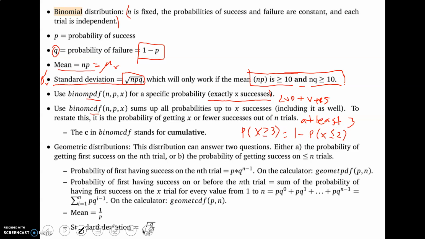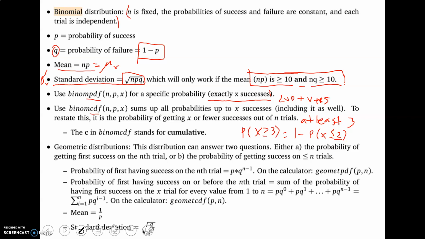Because remember, binomial is discrete. There is no number between 2 and 3, okay? And binomial CDF includes the 2, okay? And you don't want to include 3 because it says at least. If this is greater than 3, yes, include 3 for binomial CDF, but it says at least 3, then you have to go one number less than 3 because it's discrete.